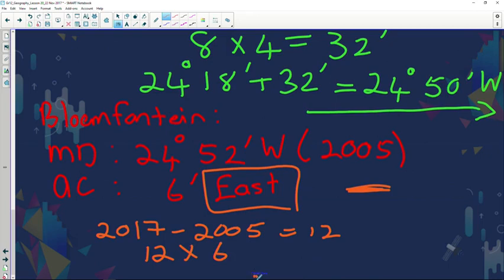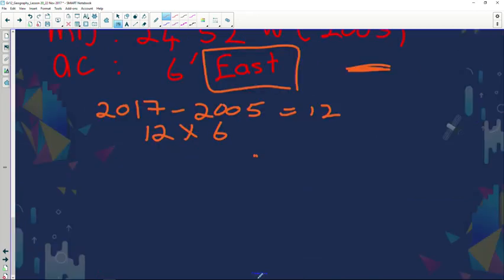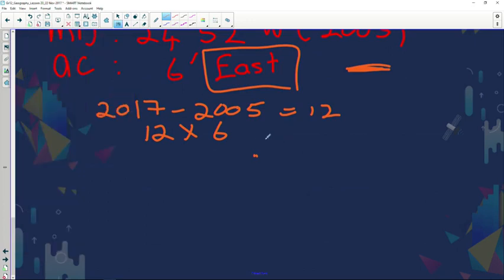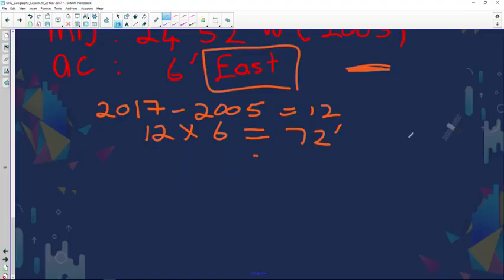Let's just quickly expand our page. 12 times 6 equals 72 minutes. Now again, grade 12s, 72 minutes equals what? 60 minutes equals 1 degree. So 72 minutes equals 1 degree and 12 minutes.